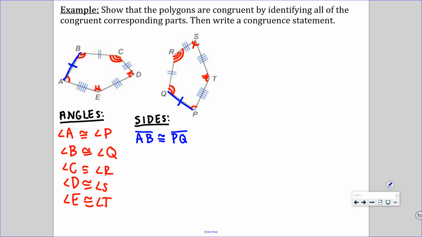Walker, can you give me another one? Another side? BC and QR. Good. Said that in perfect order. Love it. Jessa, can you give me the next one? CD and RS. Good.